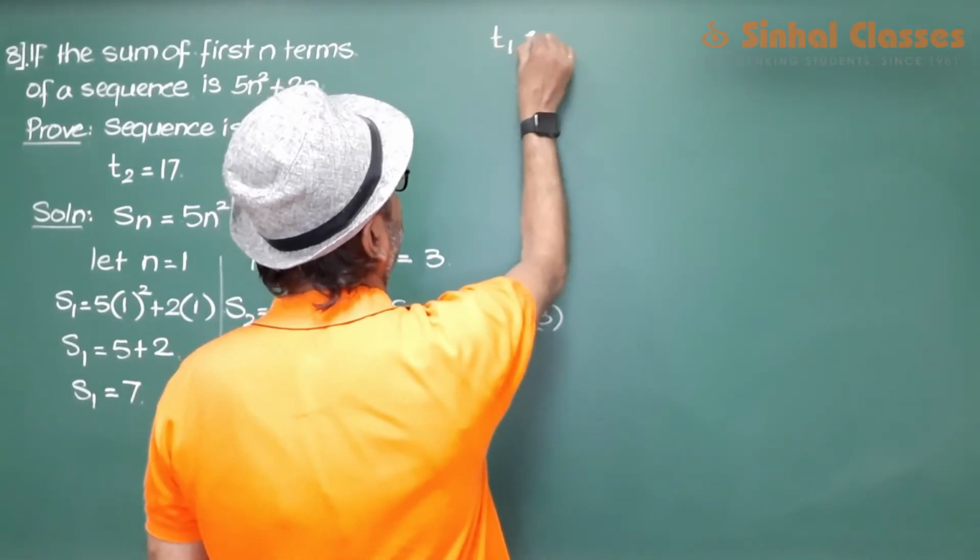Now the three terms of an AP are A minus D, A, A plus D, or A minus D, A, A plus D. So that would be A minus D. A is 11.